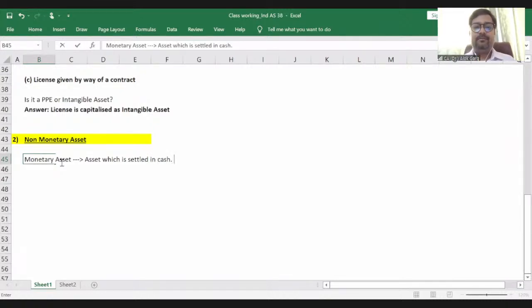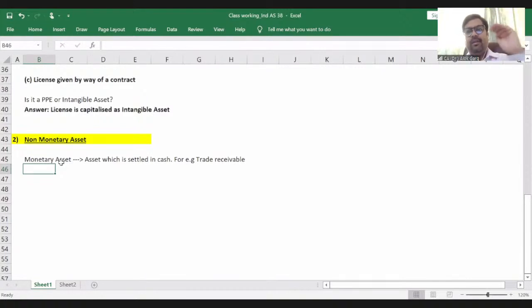For example, trade receivable. When you sell inventory, inventory is a non-monetary asset. But when you sell the inventory, it becomes a trade receivable, right?